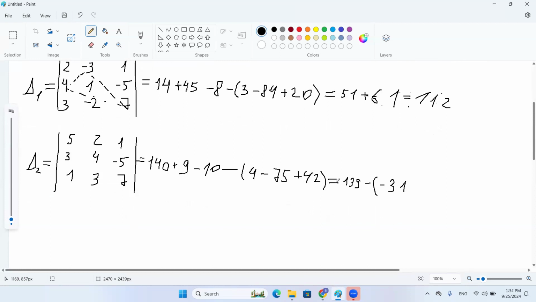So something is being done incorrectly, but let's recalculate it now in a quicker way.